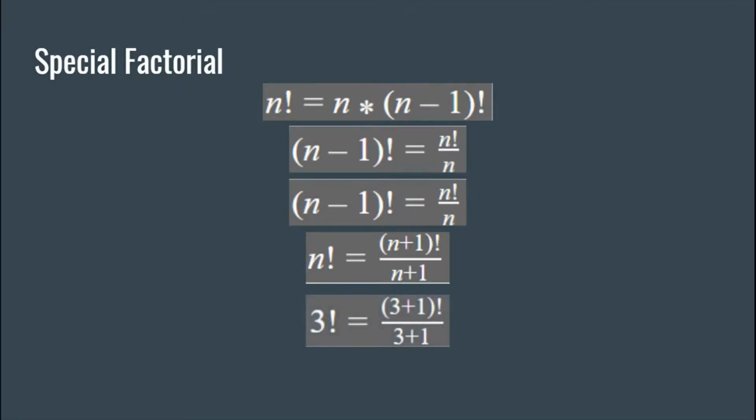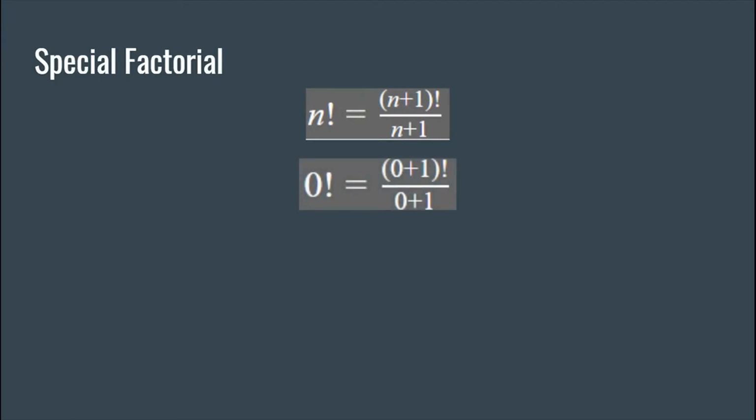Okay, so let's say I start with 3. So if I put 3 in for n, I get this. And if I simplify the right side of the equation, I get this, which holds true, right? Because 4 factorial divided by 4 cancels out the 4's, and you get 3 times 2 times 1, which is 3 factorial.